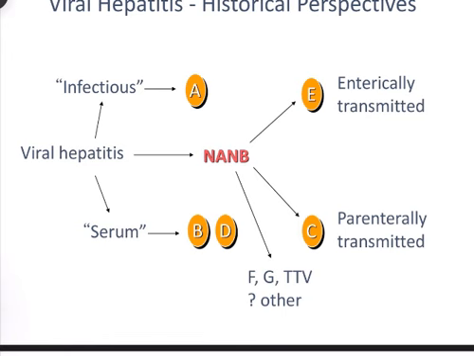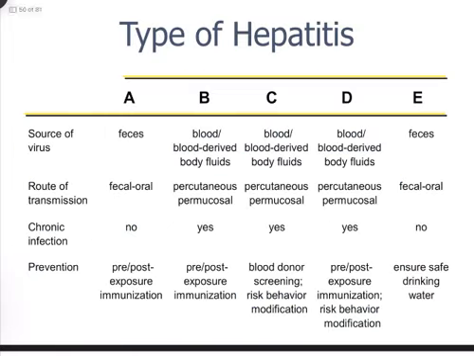Enterically transmitted is your E. Parenterally transmitted is your C. F, G, TTV, and others are unknown. So this is a table showing you the different types of hepatitis as to the source of the virus, route of transmission, the infection as to chronicity, and prevention.